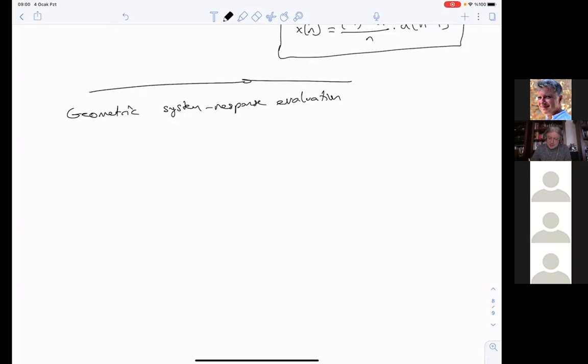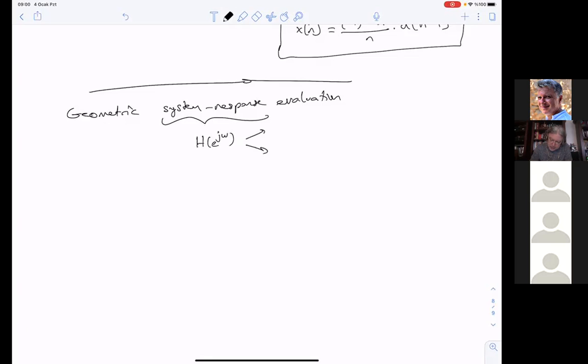What do we mean by the system response? The system response is H of e to the j omega, or H of z in general, but z is equal to e to the j omega, or the unit circle for this case. For the Laplace transform, it was capital H of j omega, of course.